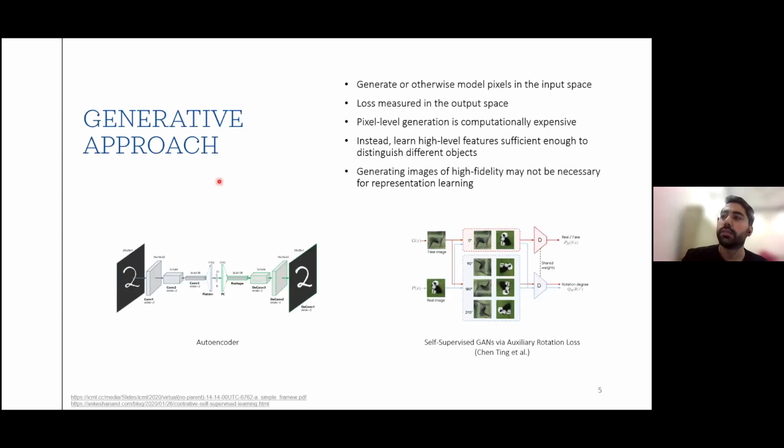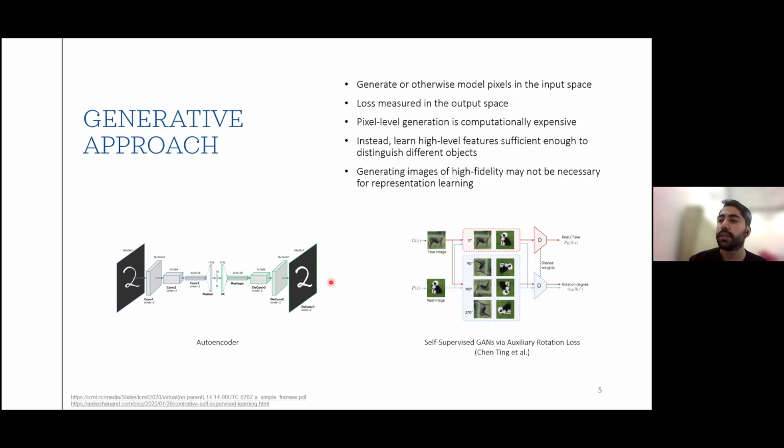So one approach to self-supervised learning is the generative approach. As you all may know, it's an autoencoder. We have an image, we compress it, and again reproduce the same image, and then we measure the loss between the output and the input image.